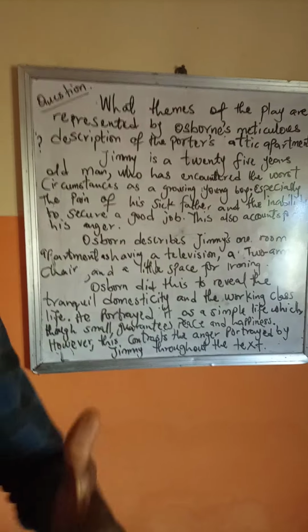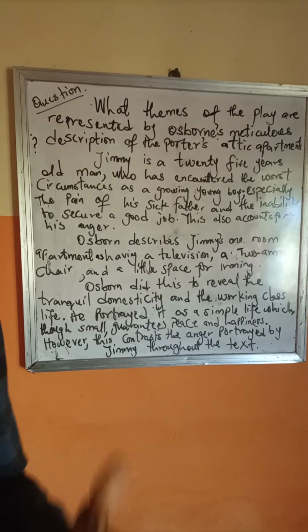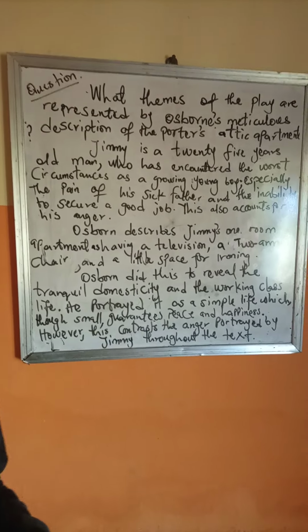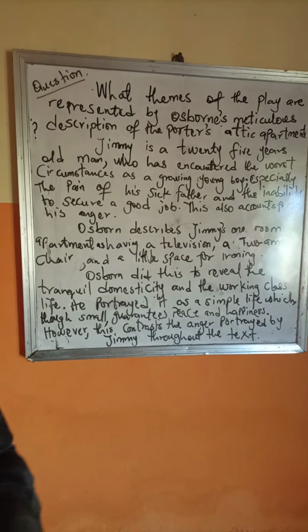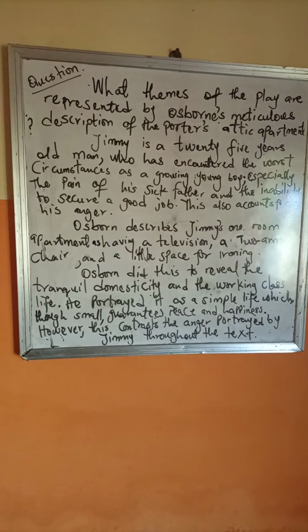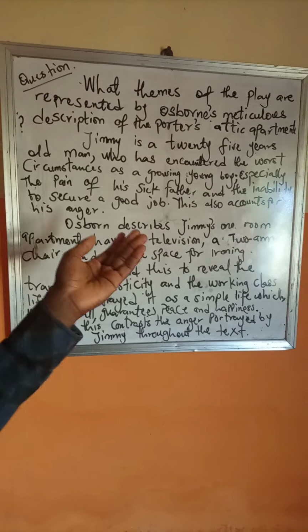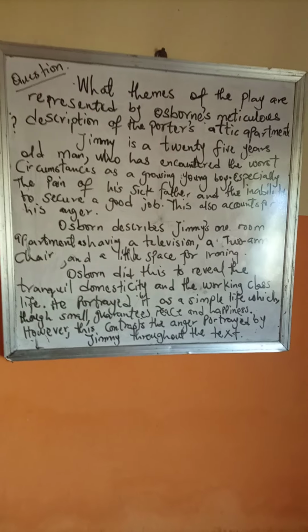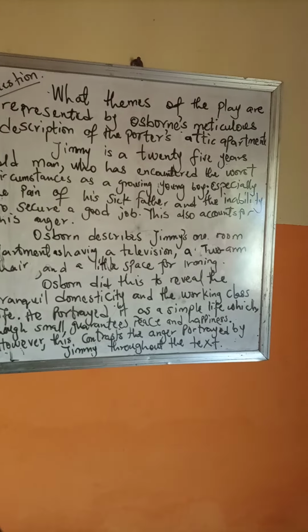They were still able to manage each other, that is Jimmy and Allison, his wife. They were still able to have a peaceable life together, even though it was just a small room having a television and a space for ironing and probably a small space for chores like cooking and the rest of it.